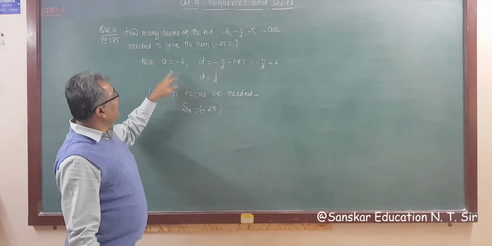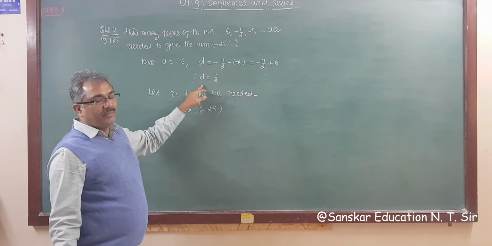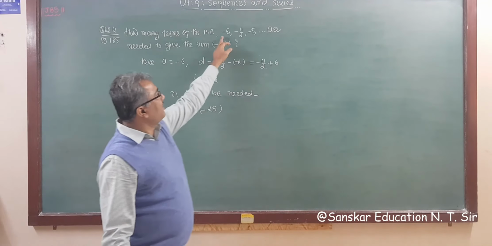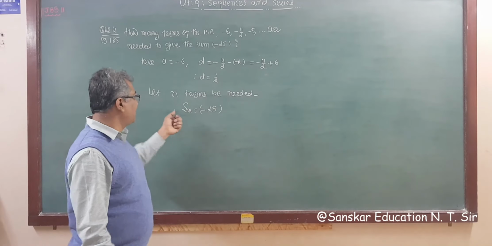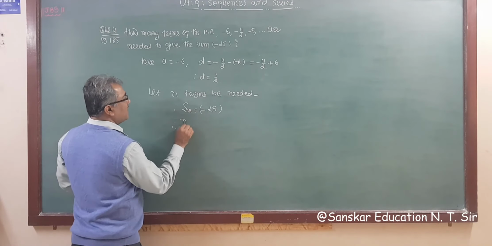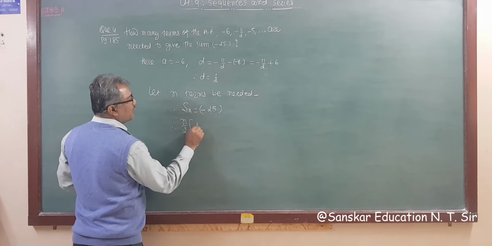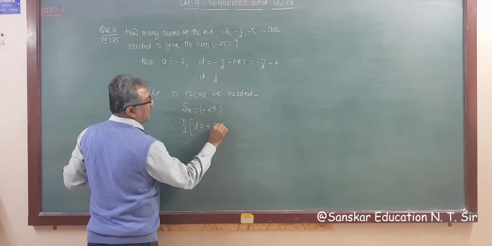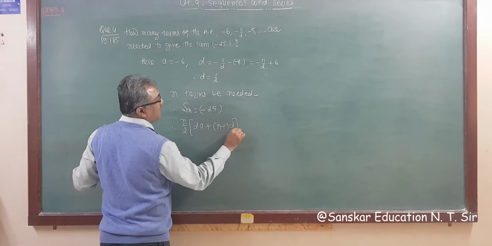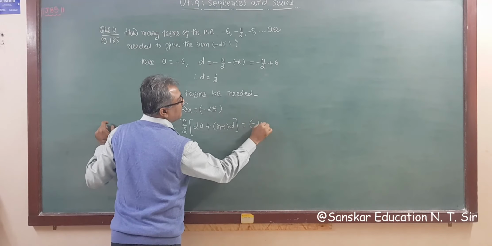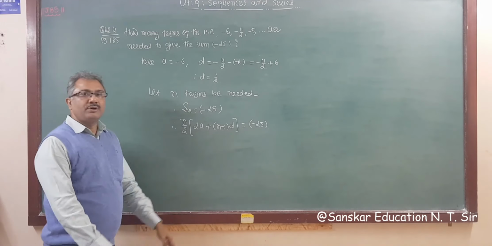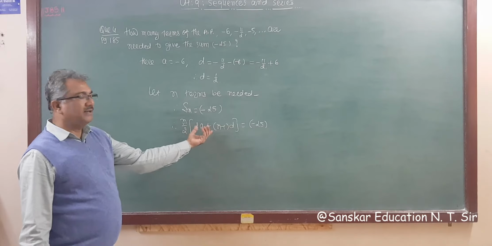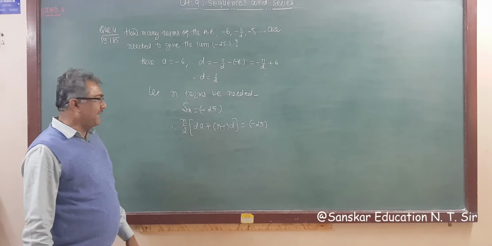So only A and D we have, but the total number of terms of the AP we don't know, so we have to find out that n, right? So the formula is n by 2 into twice A plus n minus 1 into D is equal to minus 25. Now simplify this and get the value of n, right?